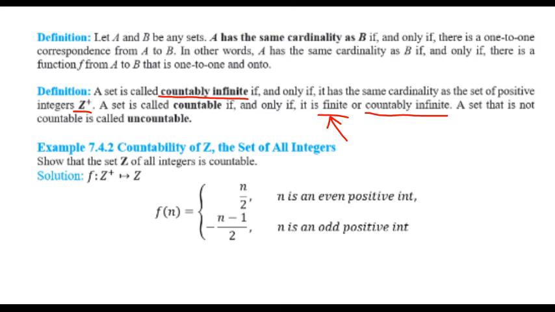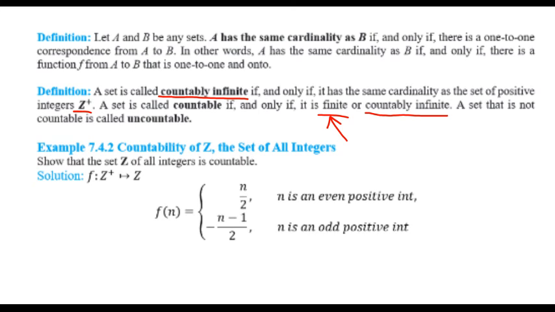Obviously, if a set is finite, it is countable. But it says it is countable if it is finite or countably infinite. What was countably infinite? It means that that set has a one-to-one correspondence to the set of positive integers Z plus, correct? And obviously a set that is not countable is called uncountable.